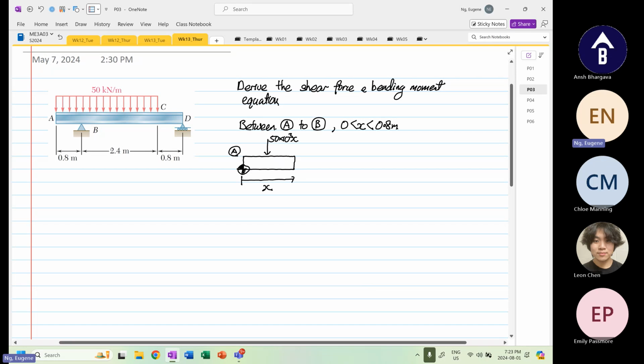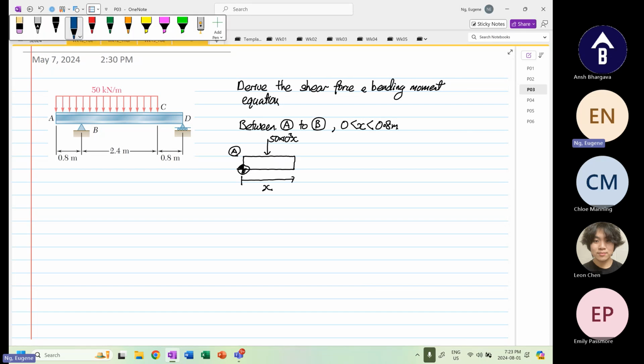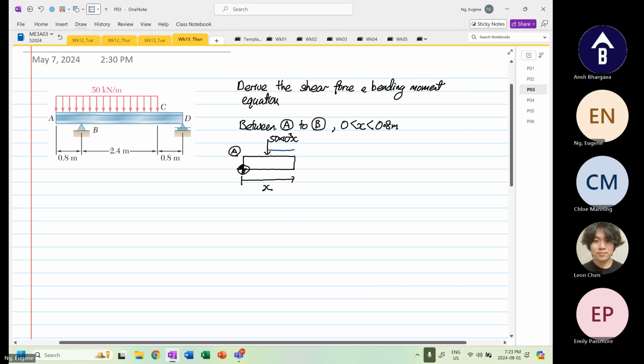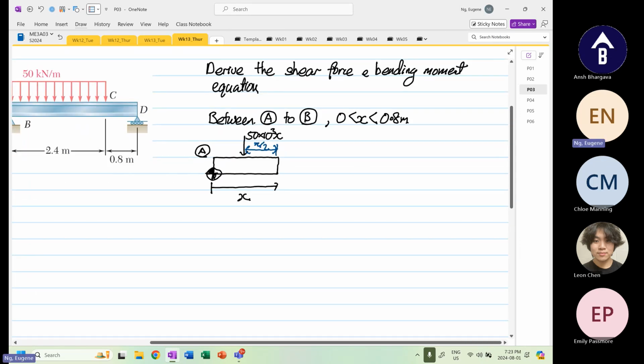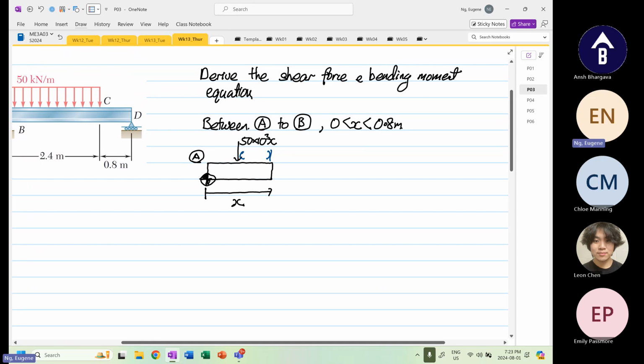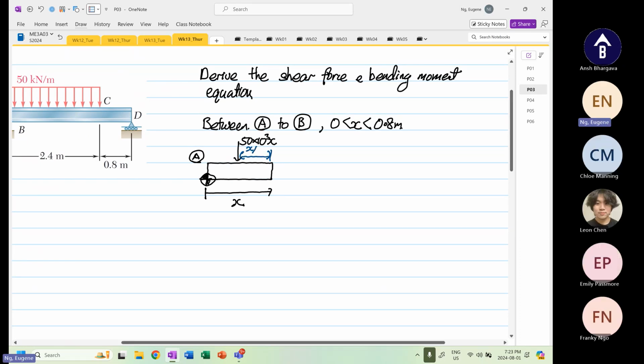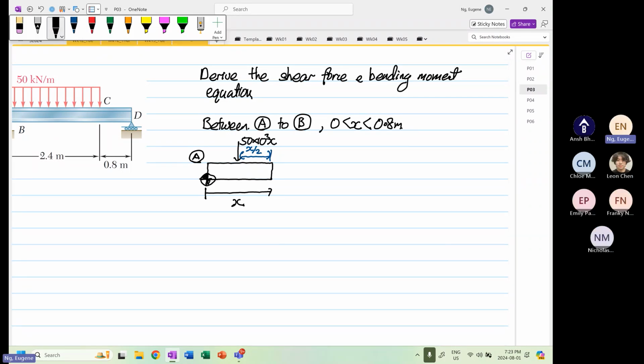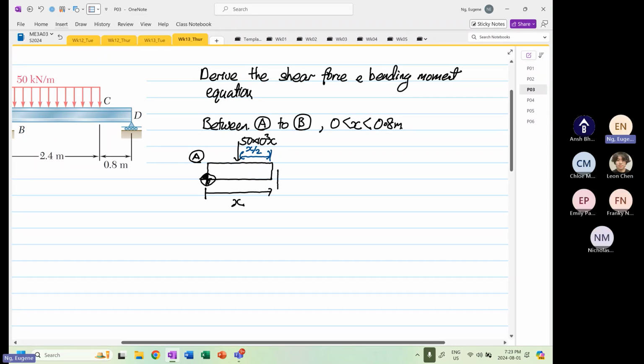Okay. And then we have a distance from here to here, which is x over 2. Let me write better. So the distance from here to here is x over 2. Okay. So we are going to assume positive shear, positive bending moment.